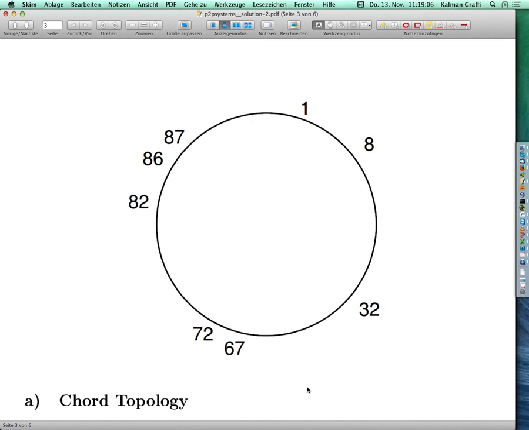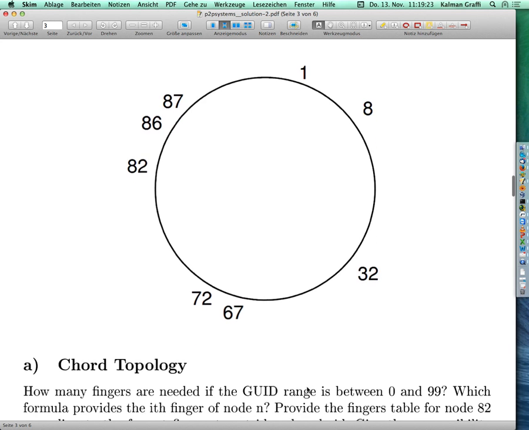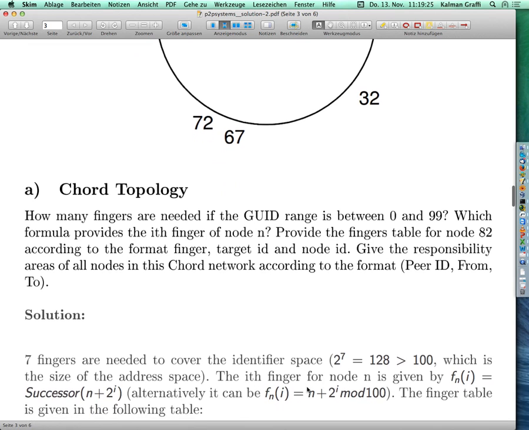Yes, from 88 to 1. So predecessor plus 1 to the current ID. So that's for node 1. Exactly.